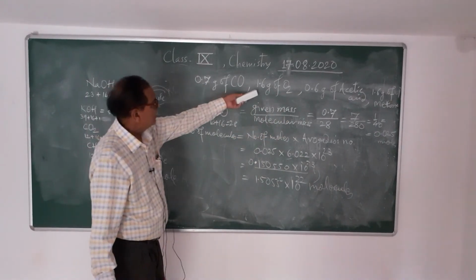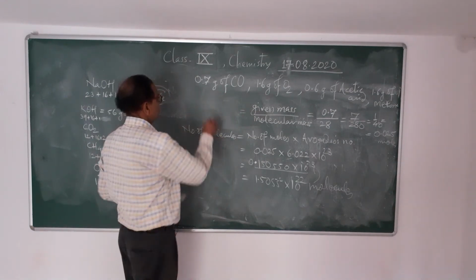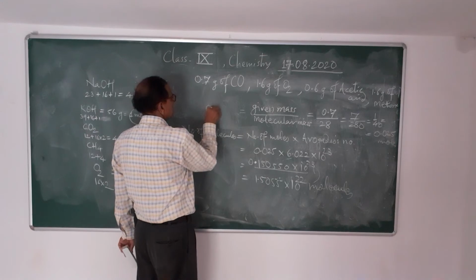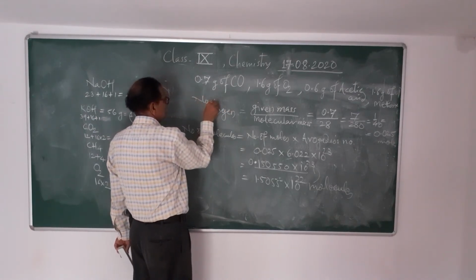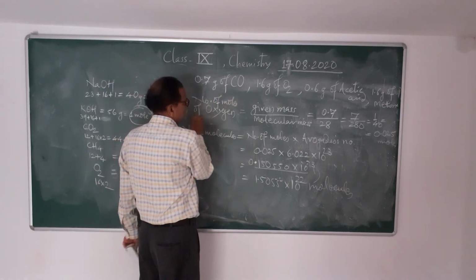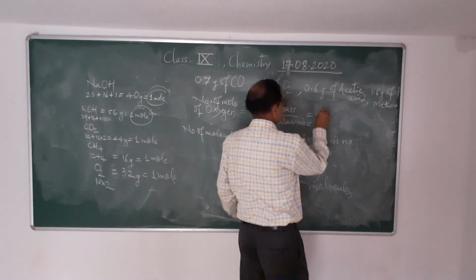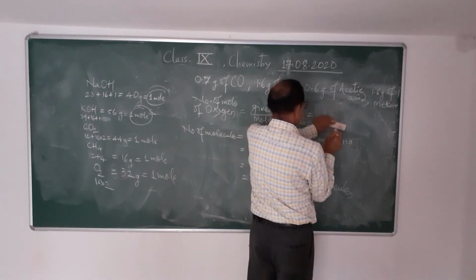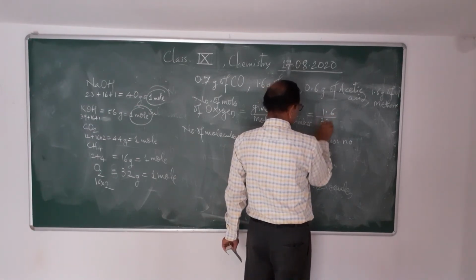Then 1.6 gram of O2, oxygen. Number of moles of oxygen: here we can write 1.6 divided by 32.